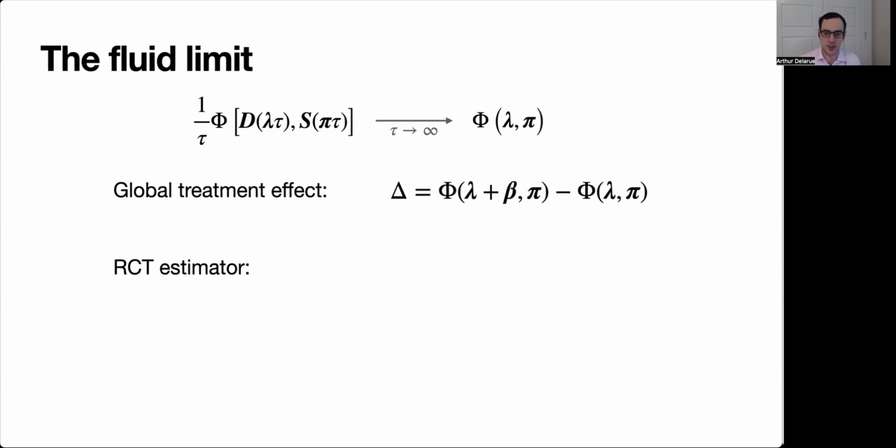And the nice thing about this simplification, analyzing the system in this regime, is that it will allow us to really expose why the standard RCT estimator suffers from interference bias and therefore propose good solutions. So what does the RCT estimator do? What is it actually doing in the fluid limit?